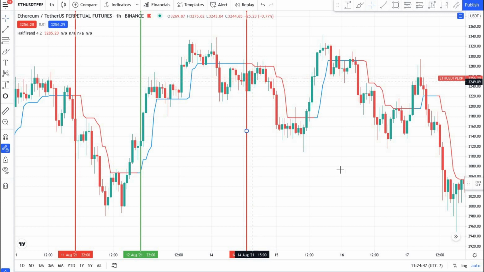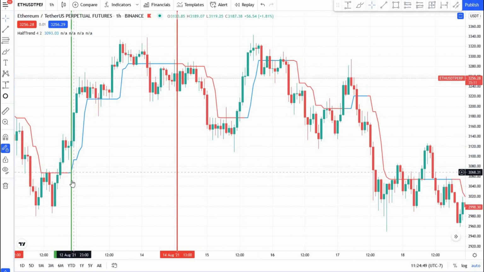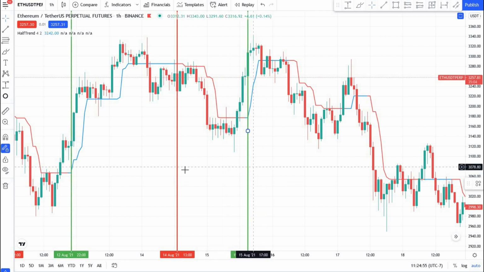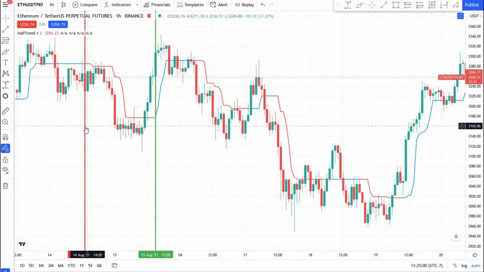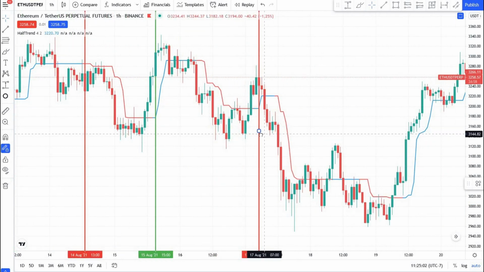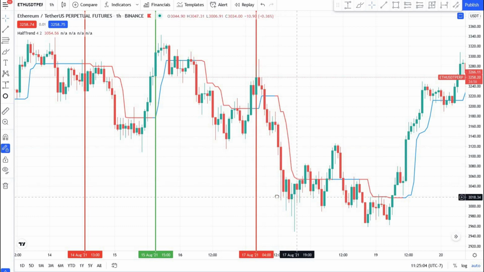I'm going to show you how, without having a stop loss, you can have a 100% win rate in the futures market. This method is crazy, but make sure you're following risk management.